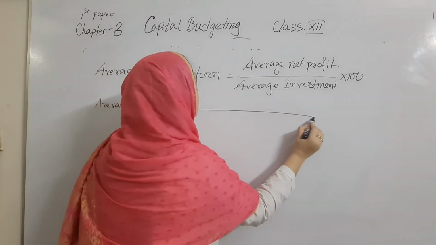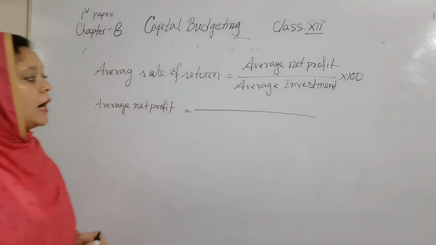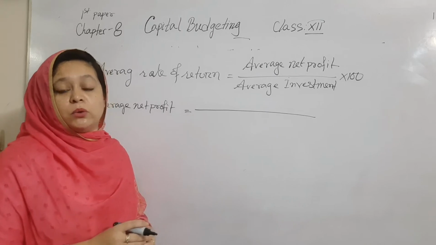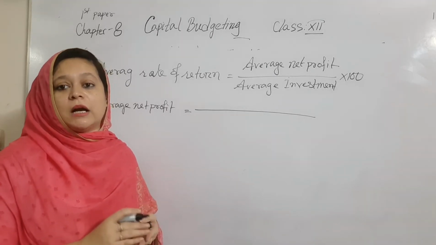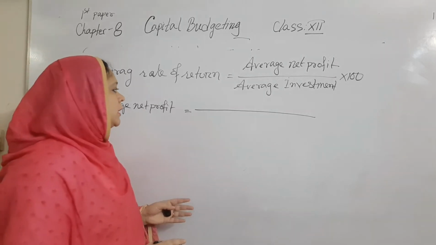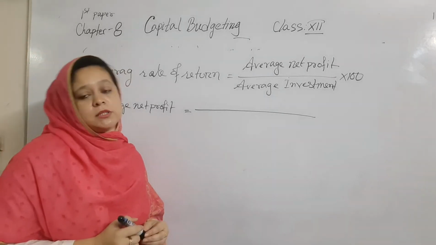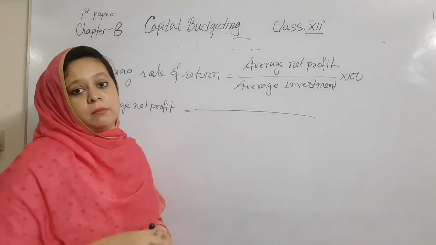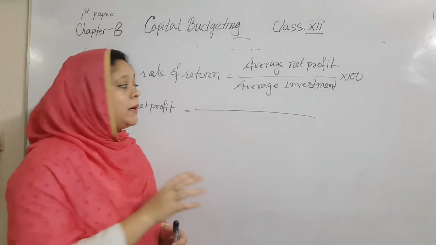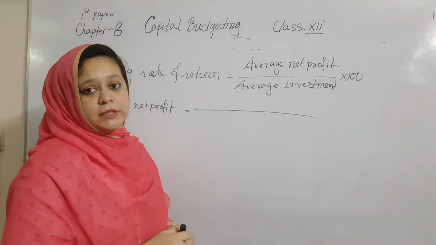The net profit and the earning after tax are both the same. So to find the average net profit from this stem, we calculate by the summation of all net profits or the earning after tax.